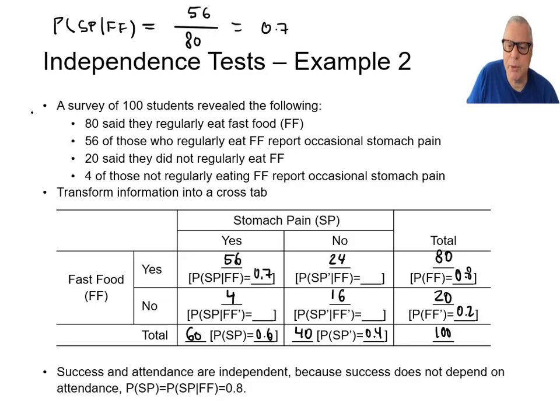So 0.7. Well, that means that the probability that somebody who regularly eats fast food has no stomach pain, stomach pain prime, is now 24 over 80, which is 0.3.